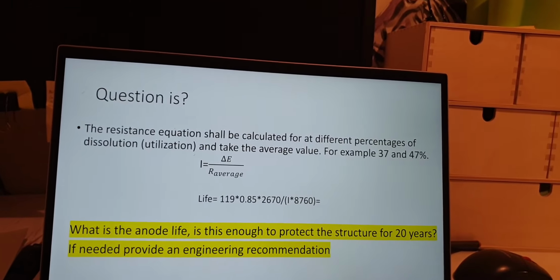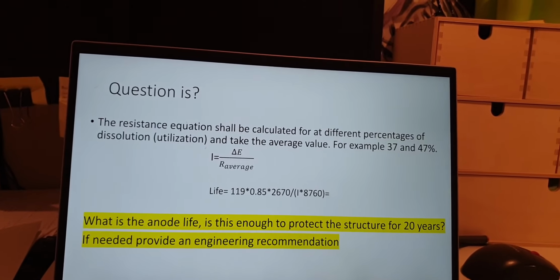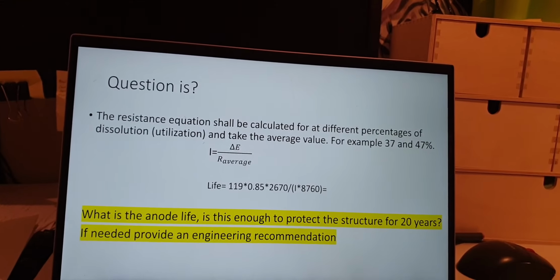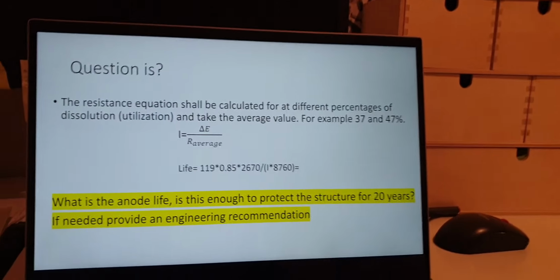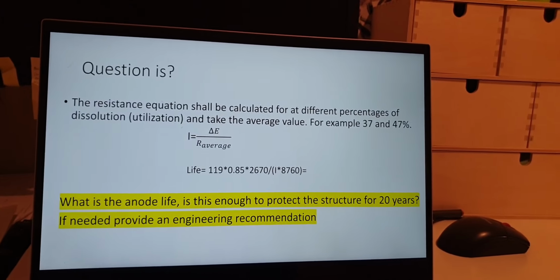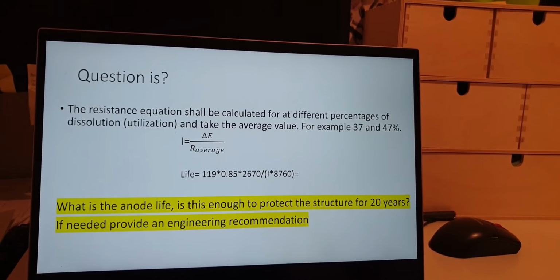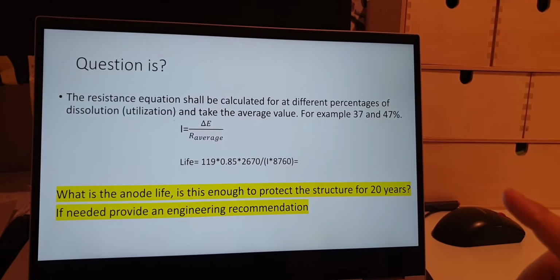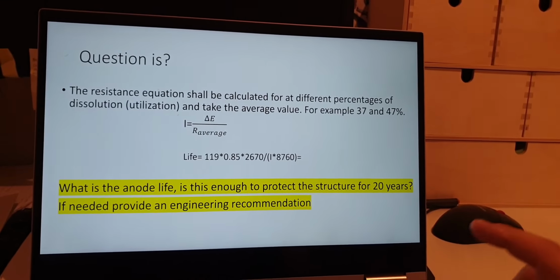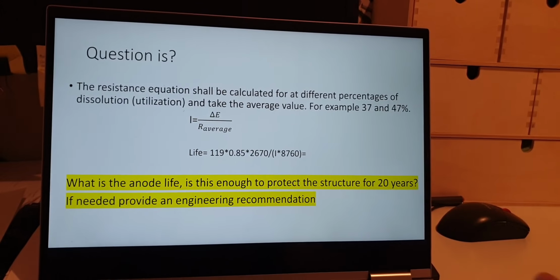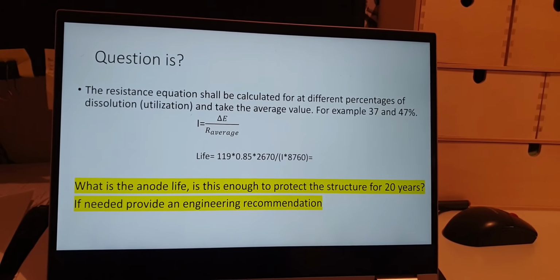This question needs to be submitted by Thursday. I need to have it on Thursday to grade you and to have the final grades for you. I will do other videos for corrosion inhibition and types of corrosion, and then we will close the course.